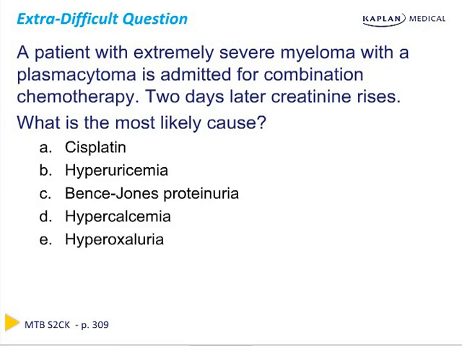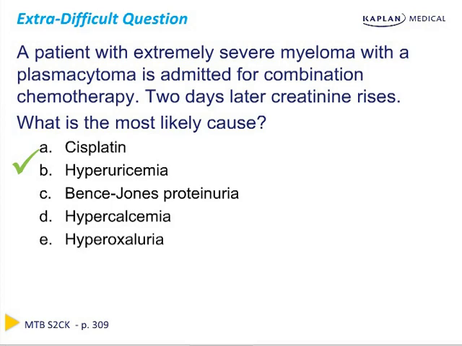Because timing can often be the factor that helps you decide between different etiologies of AKI. In this case, the time course was 2 days. There was 2 days between the initiating event, or starting chemotherapy, and the rise in creatinine. So, of these answer choices, which one is most likely to cause AKI after 2 days? The correct answer?